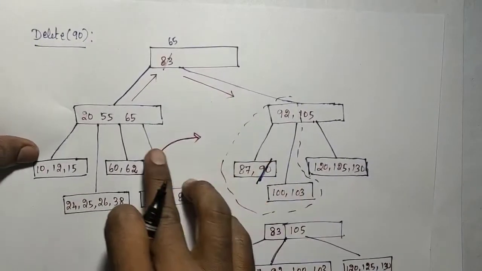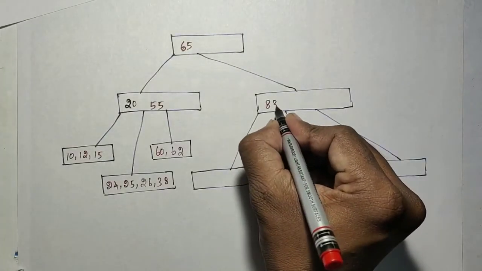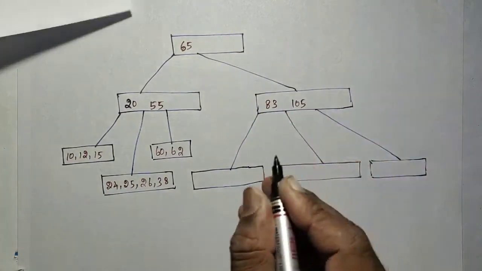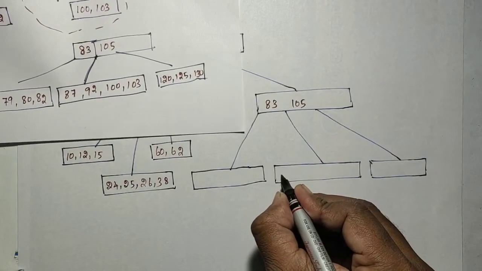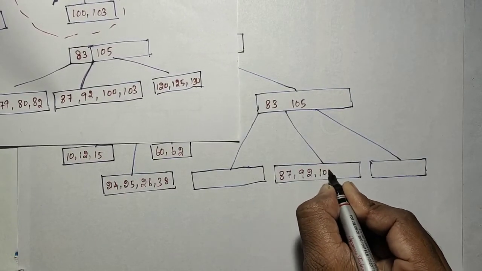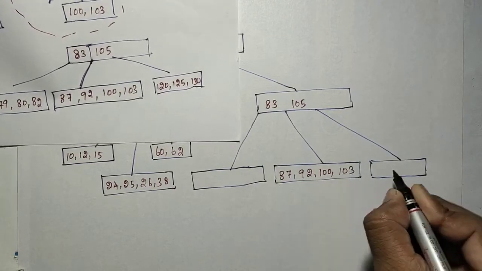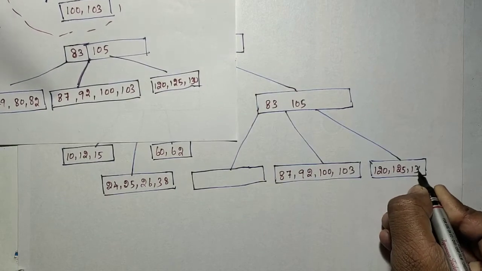Here 83 is moved, so 83 and 105, and the left and right of 105 will be 87, 92 and 100, 103 and 120, 125 and 130.